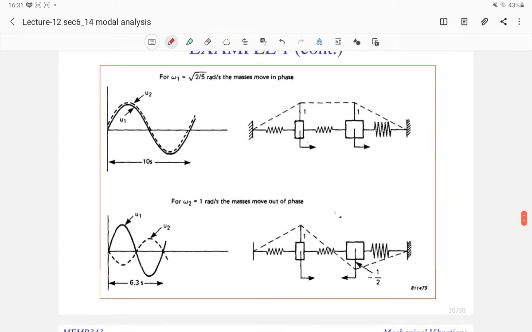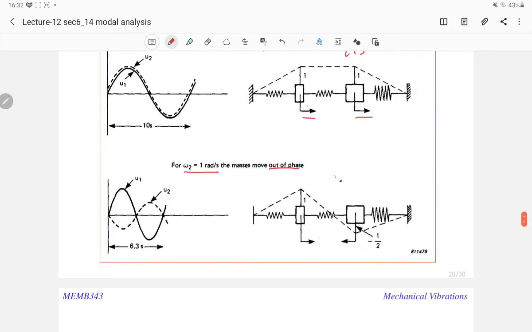If you look here, what the mode shape says is that in the first natural frequency, both x1 and x2 are 1, 1, so they move in the same phase, in the same direction and magnitude, because it's 1, 1. Whereas at the second natural frequency it is out of phase.